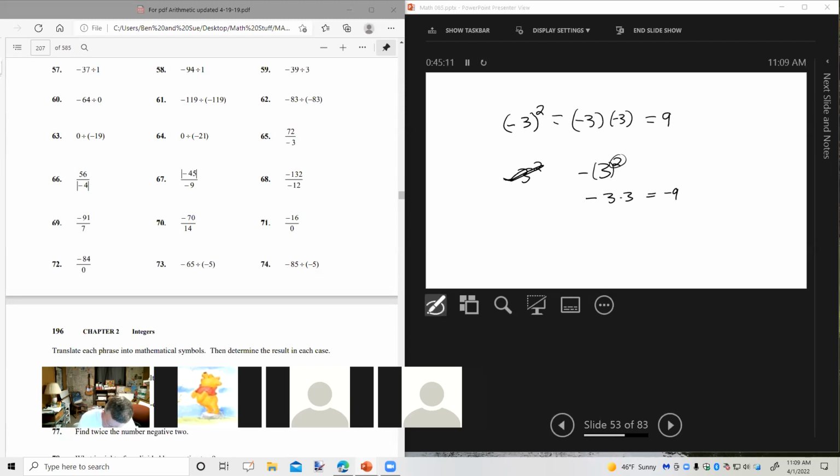Think of it this way. If I said 4 squared minus 3 squared, 4 squared, what's 4 times 4? That's 16. 3 squared, that's 3 times 3 is 9. So this would be 16 minus 9, right? But let's just get rid of the 4 squared. So it's basically -9.